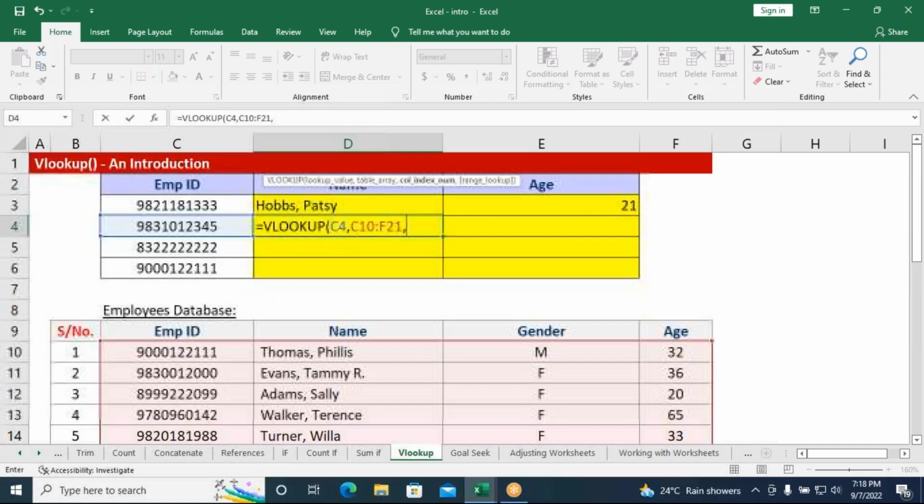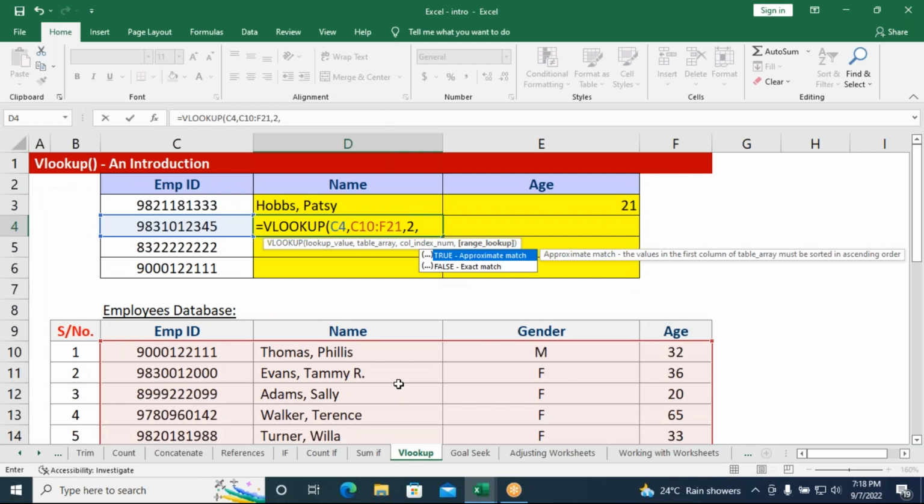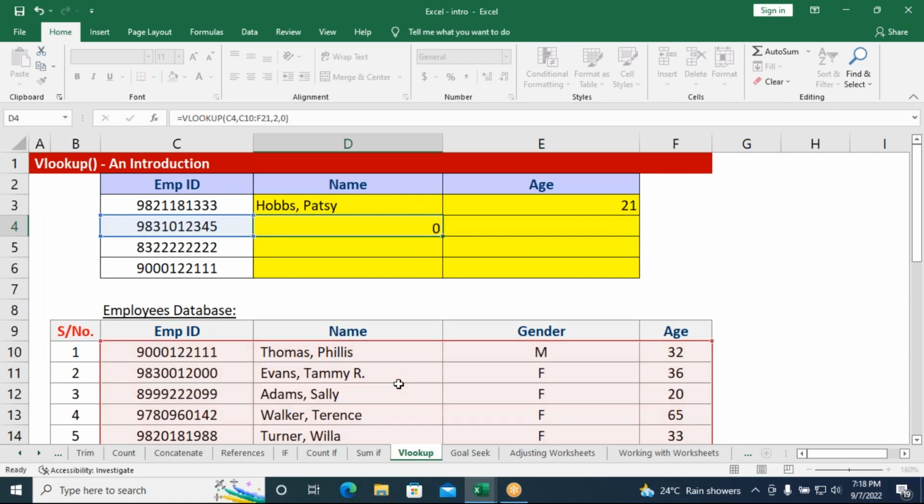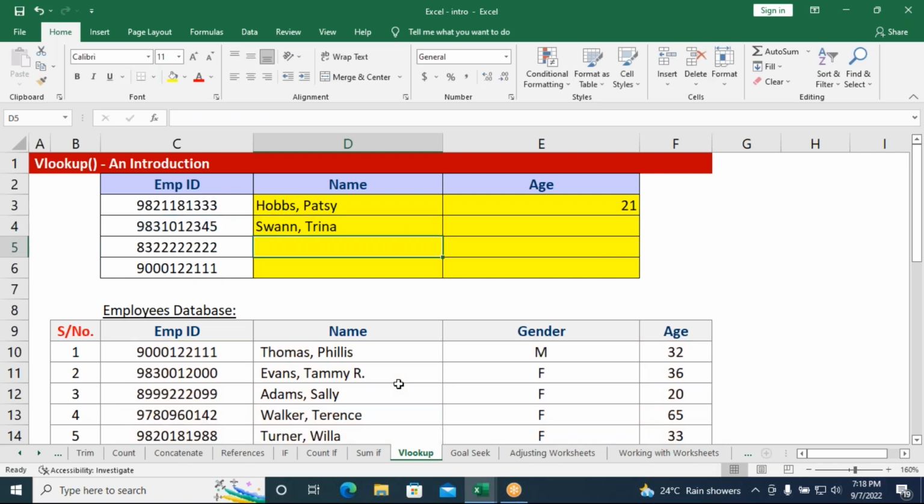So 2, that is the second column, and I want to see the exact match, so I'll type 0. 1 means approximate match, 0 means exact match. I close the parenthesis, enter. Done. I hope now you have understood how the VLOOKUP works.